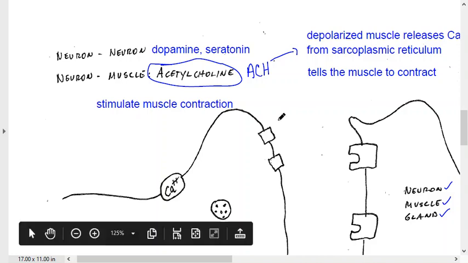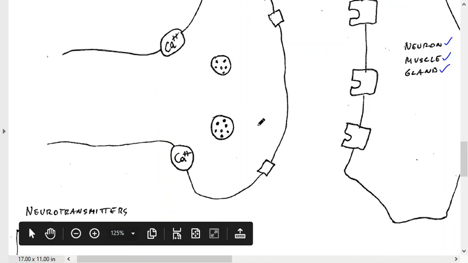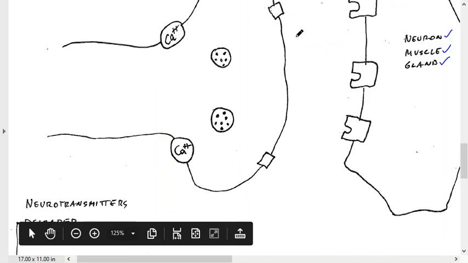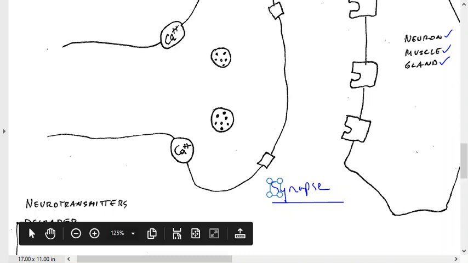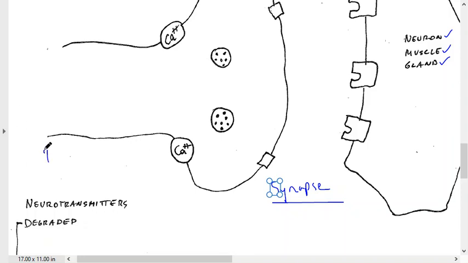What we're going to do now is give some more vocab to all this stuff. Again, this space in between the neurons, or the neuron and a muscle, is called the synapse. Remember, these do not touch each other. There is space that these molecules, these neurotransmitters, diffuse through. That's called the synapse. The cell before the synapse, the one that's synthesizing and releasing the neurotransmitters, is called the presynaptic neuron.